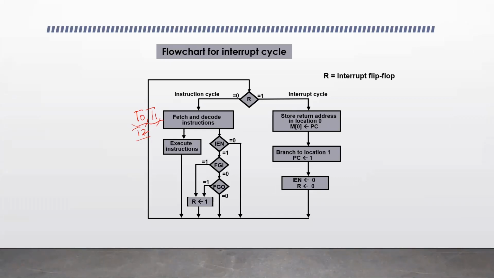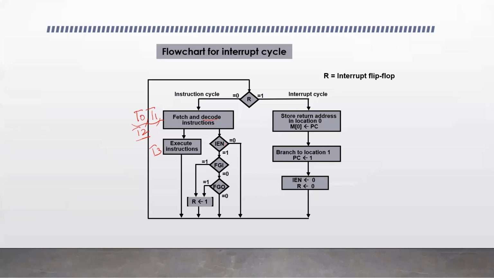When the timing signal is T2, decoding of instructions is done, and even the effective address gets stored here. We are talking about IO instructions now, and the execution happens at time T3. So at time T3, during execution, it checks for interrupt.